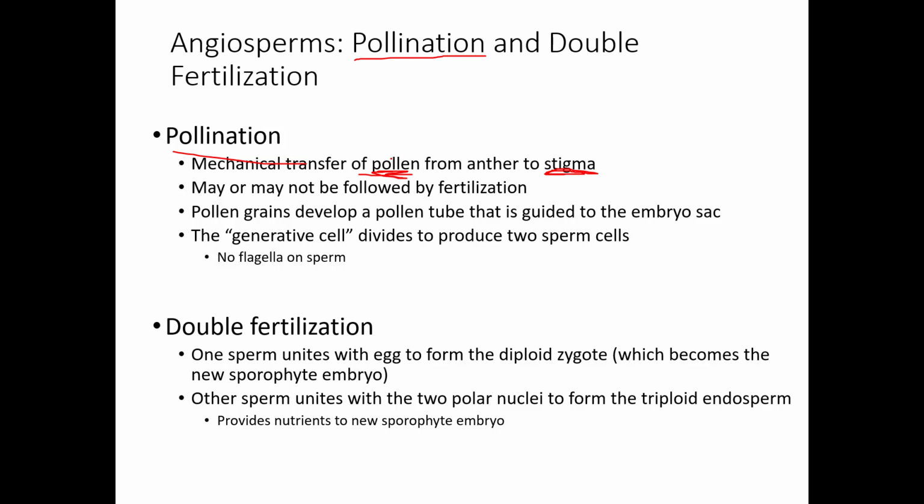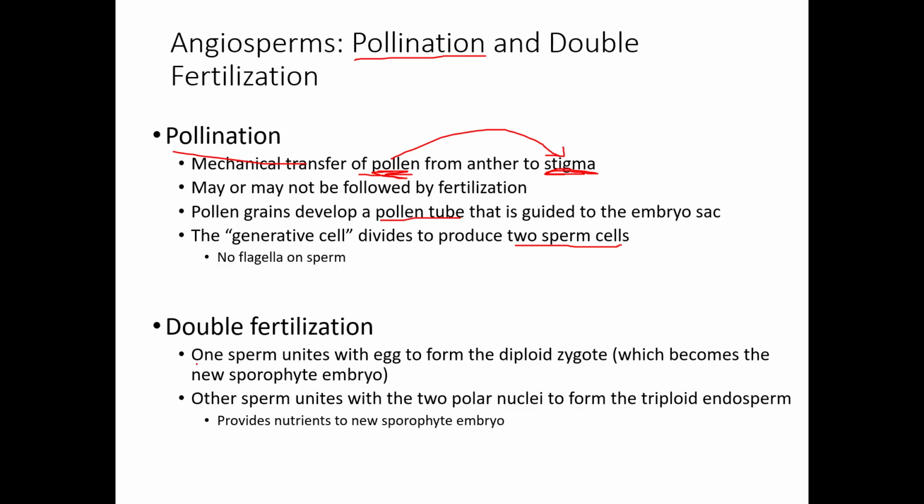So when the pollen touches the stigma, we say that it's pollinated. However, that's not the same as fertilization. You have to have pollination first, but fertilization depends on the pollen tube moving down and finding where the ovules are, and then the sperm has to crawl down that tube and find the egg.